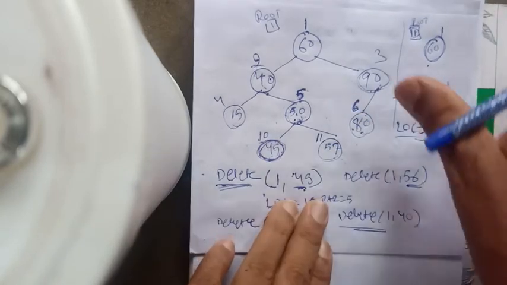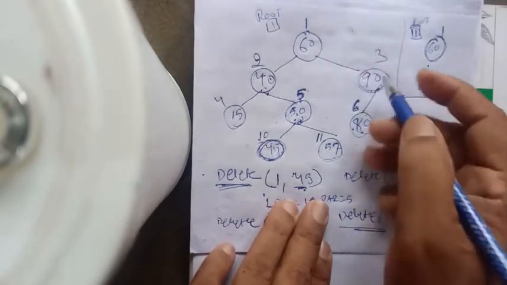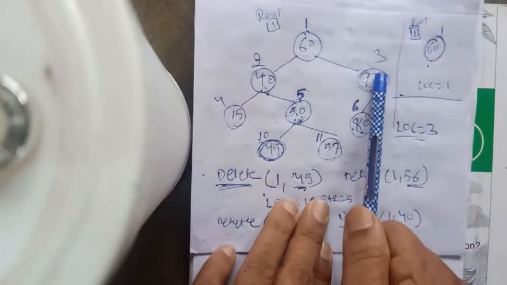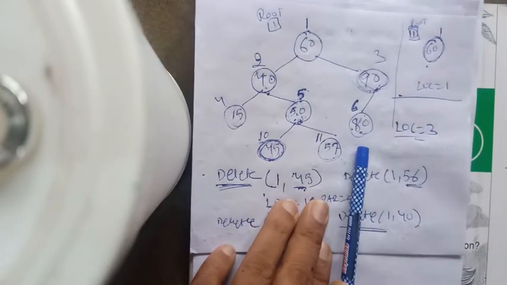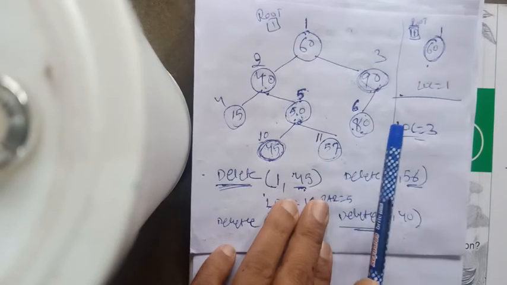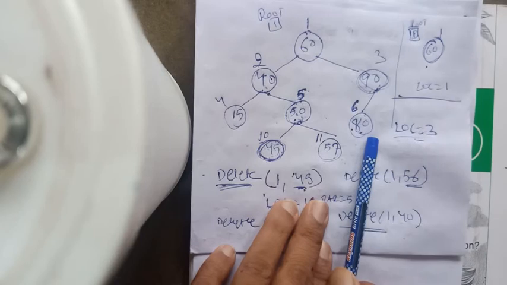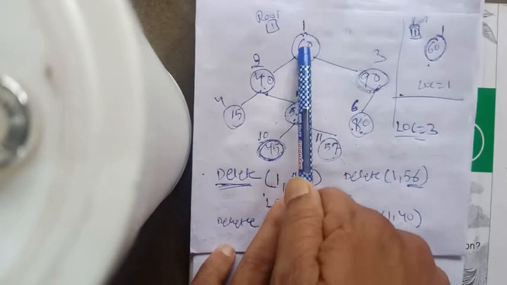But if we remove 90, if we destroy this node, then what shall happen to the child? In that case, the child of 90 should now become the child of 60.